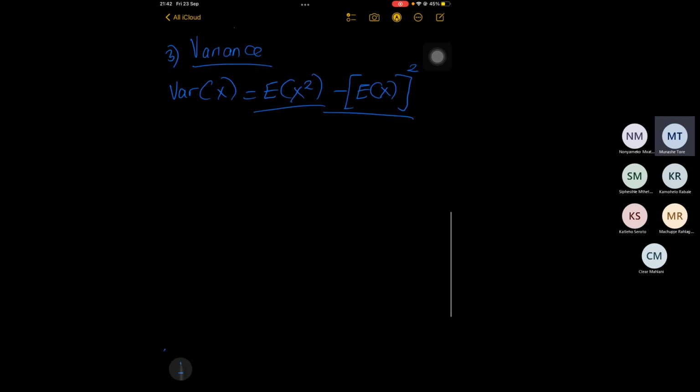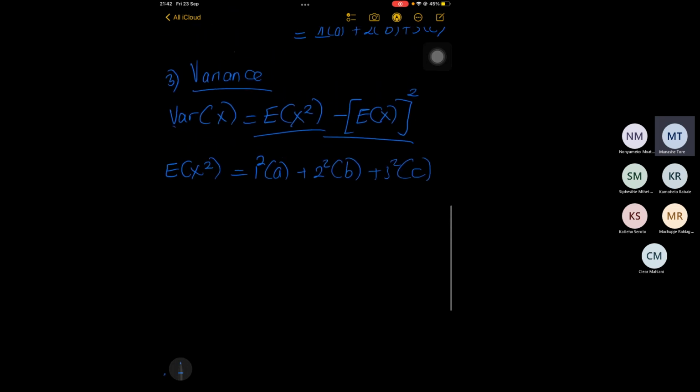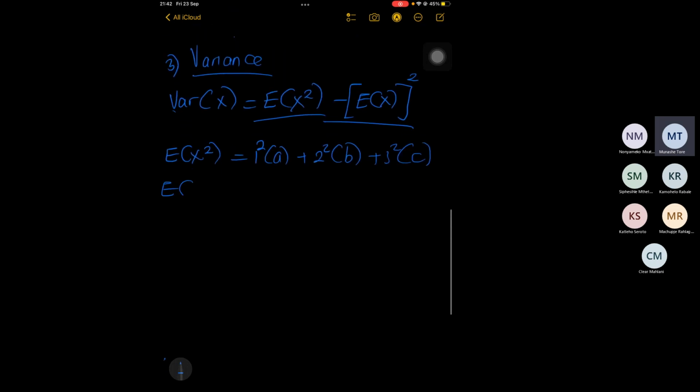So v of x is given as this, where E of x squared, in our case, is going to be 1 squared into A plus 2 squared into B plus 3 squared into C. This is E of x squared. So v of x is going to be that, where E of x squared, you already know what E of x is, isn't it?